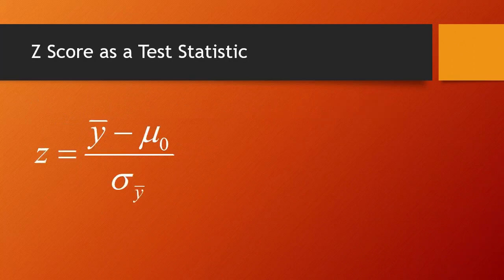Z, you may recall, is a score minus the mean of the score, that is a deviation, that is standardized by the standard deviation. In our case, instead of using a score, we want to use a statistic and take the deviation of the statistic from the mean under the null hypothesis, signified here with mu sub 0. Then we want to divide by the standard deviation of means to obtain a z-score.